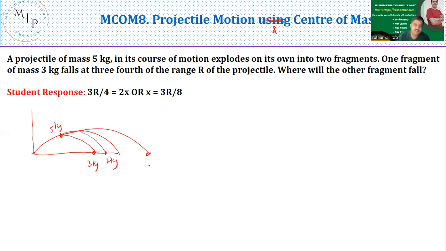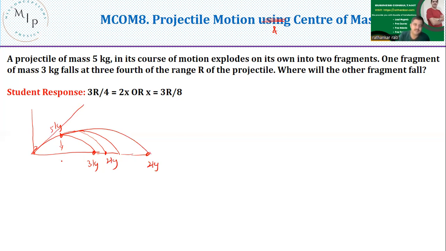Now, first we need to reason this, and then we will go for the other ones. Where does it fall? See, if it was 5 kg, it would fall here. Why does the projectile fall? The first simple reason is that gravity is pulling it down. You gave it some energy. If gravity was not there, it would have gone straight like this.